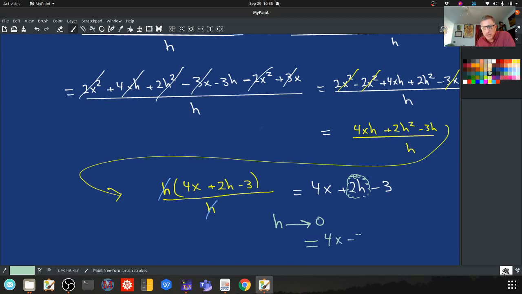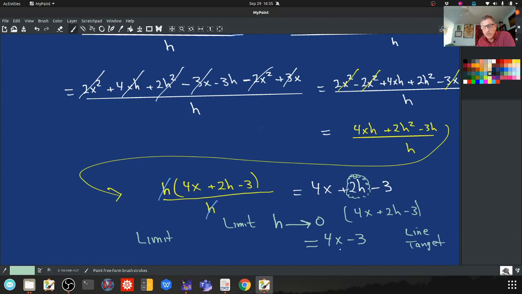so the approximate answer is 4x minus 3. And indeed, later on you will talk about something called a limit, and we'll say the limit as h approaches 0 of 4x plus 2h minus 3 is equal to 4x minus 3. And that's actually the line that is tangent to the point x.